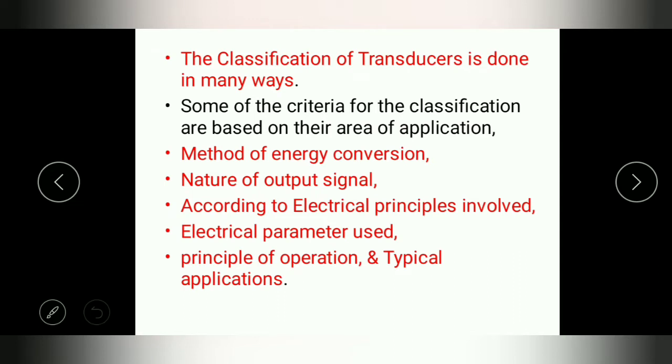So we can now classify the transducers in many different ways. We can have different types of classification depending upon different criteria. Some of the criteria for classification are based on their area of application. That's the first criterion.